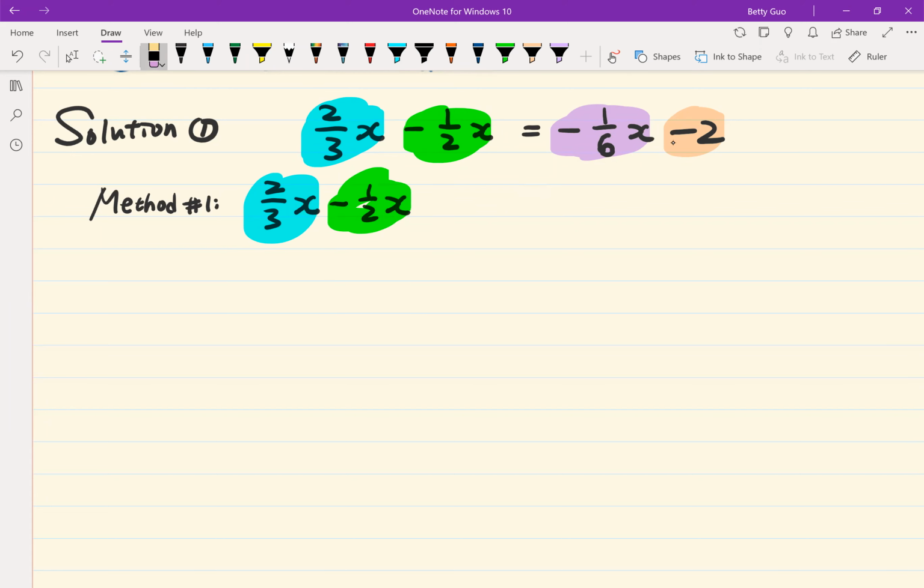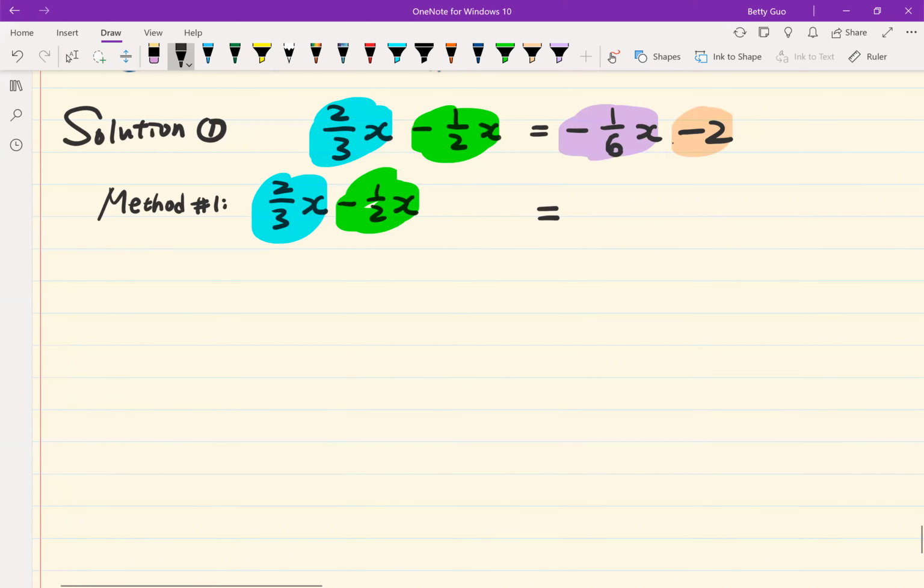Move purple over. Yeah, purple is negative. When I move the purple over to the left, the purple is a -1/6 x, right? Do I need to do anything special? Transposition of terms.